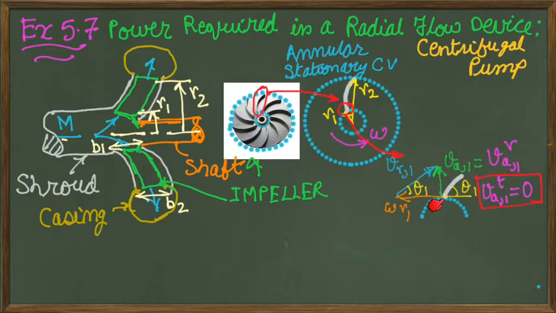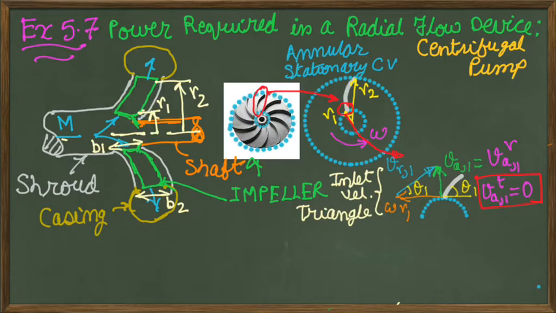So since we have only a radial component, the absolute velocity equals the radial component and the tangential component is 0 at the inlet. So this is the inlet velocity triangle.